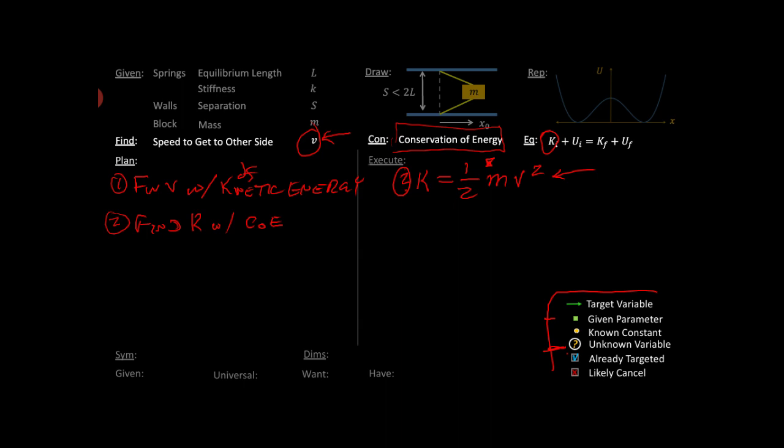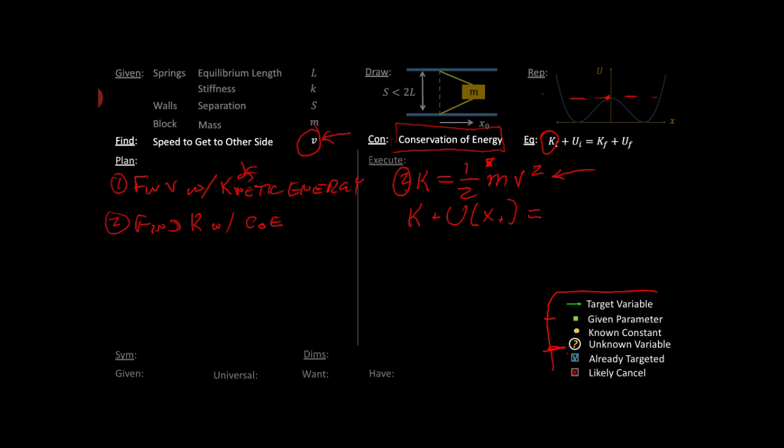So we'll have that K plus U at that initial spot, which is x plus, equal to the kinetic energy when it gets over, when it's right here, right? If we want the minimum speed to get to the other side, that's that energy.